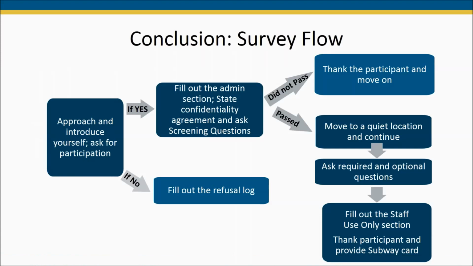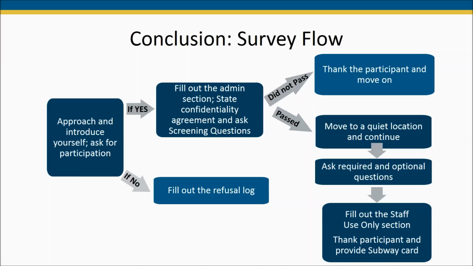As a conclusion, I would like to summarize the survey flow so that you better understand how the survey goes. First, you approach and introduce yourself and ask for participation. If they refuse, you will have to fill out the refusal log. But if the respondent says yes, then you start filling out the admin section if you're using the electronic survey, then state the confidentiality agreement and ask the screening questions.